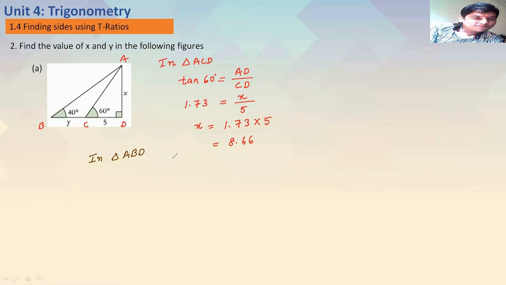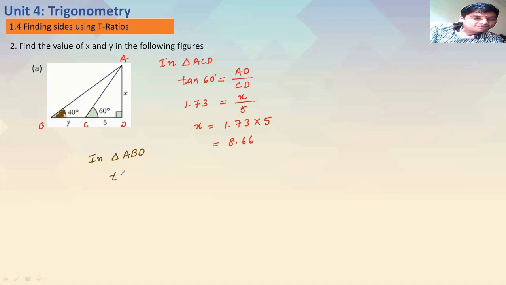Okay, right? So in triangle ABD, what do you reckon for 40 degrees? For 40 degrees, this angle, what is AD? AD is the opposite side. And what is BD? BD is adjacent. There you go.